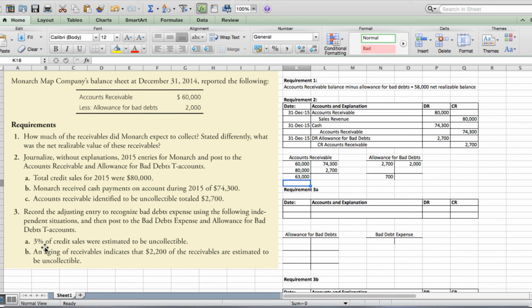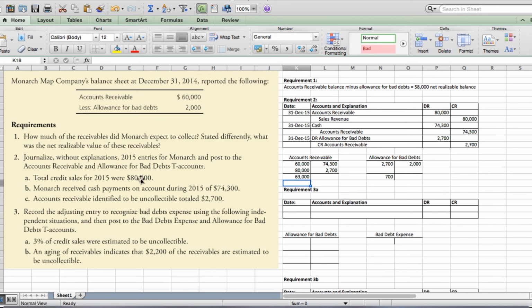Okay, if you remember what we do to calculate that, we're given the percentage right here. Okay, I told you that before in class that I'll always give you the percentage. An actual company uses the history and the industry trends and whatever to calculate that. We just give it to you. So I need to take this 3% and multiply it times the number of credit sales I had for the year. That is given to me right here. Okay?